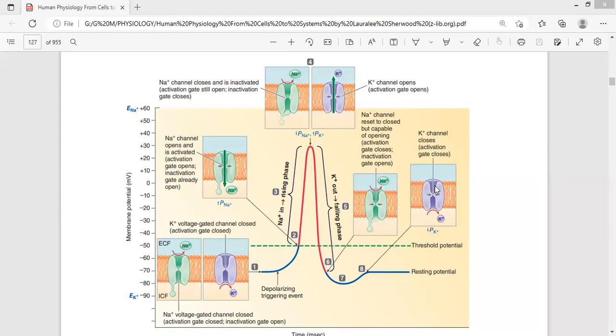Another action potential cannot occur during the refractory period.